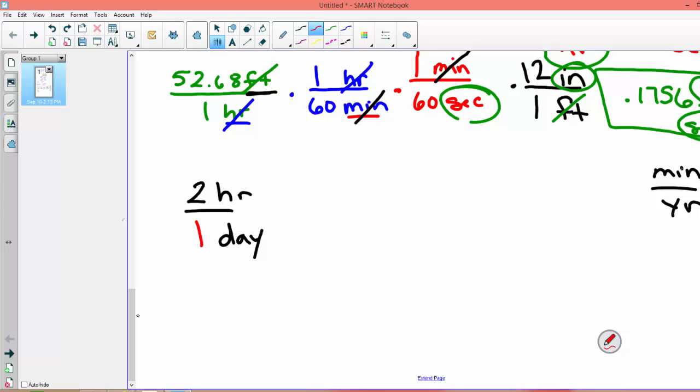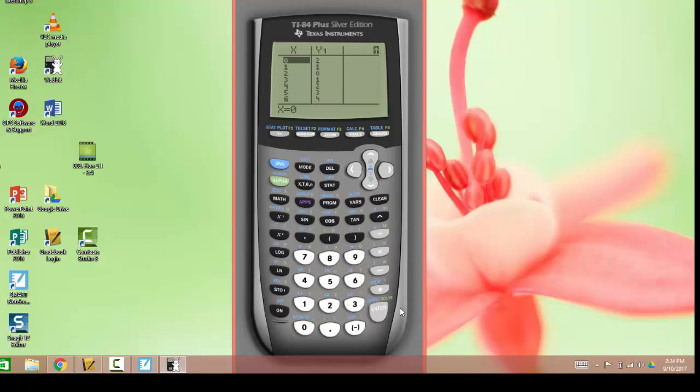Well, there are 365.2 days per year because of leap year. Reminder to clear your calculator. 365.2 times 2, you probably could have done this in your brain.